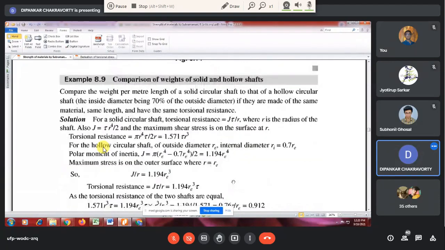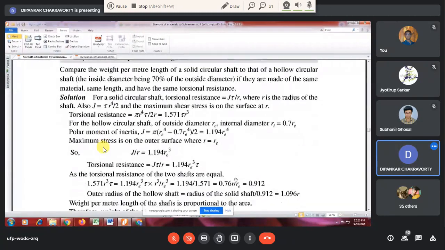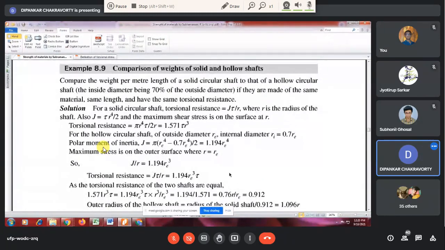This is a problem, as I was telling, that if you have two shafts, one solid and circular, they have to transmit the same torque and they have the same material. The same material means the tau max will be equal in both the cases.